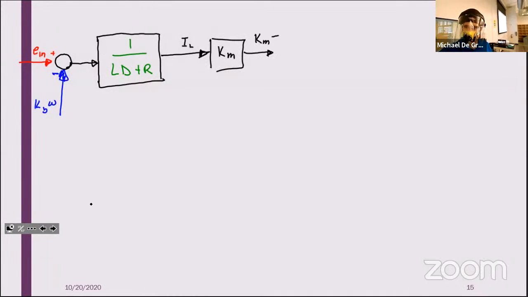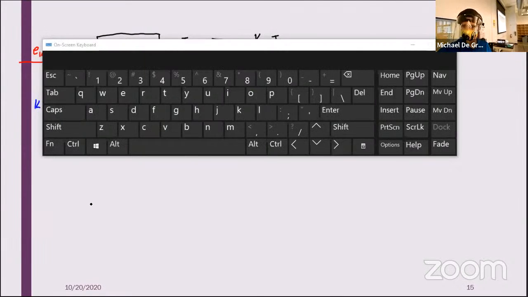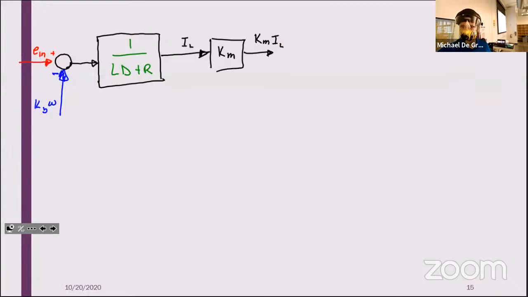Then we have Km IL. That has to go into, oh no, I'm going to move that for a second. This then has to go into a summing junction where we have our load torque coming in that we're subtracting off, right? Where's the load torque coming from?